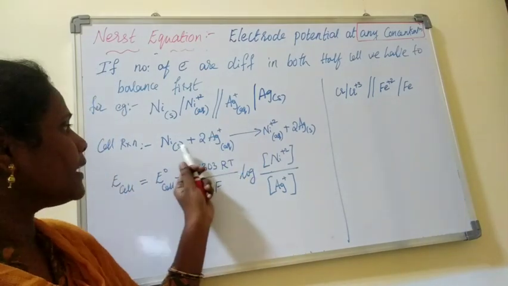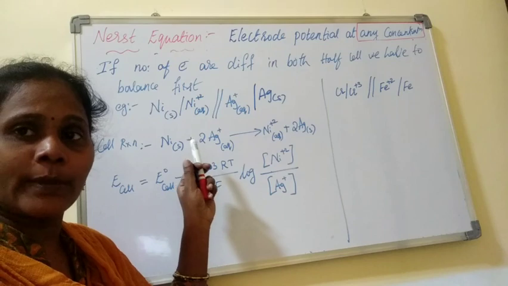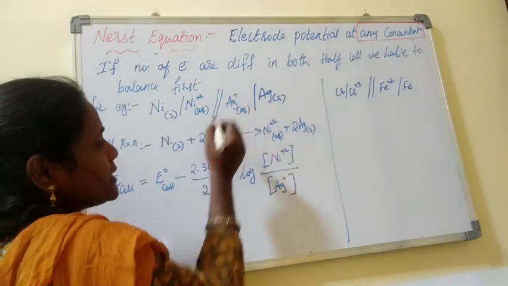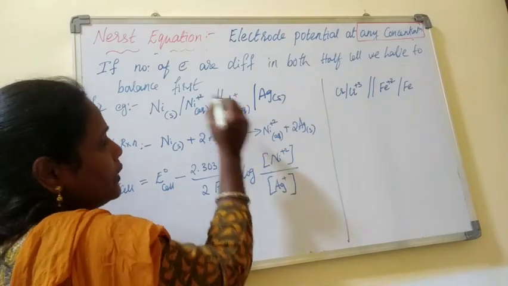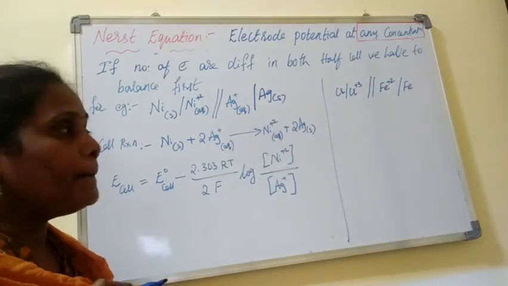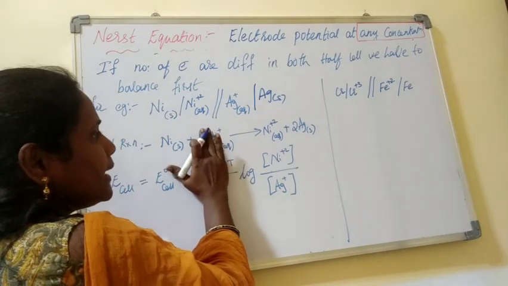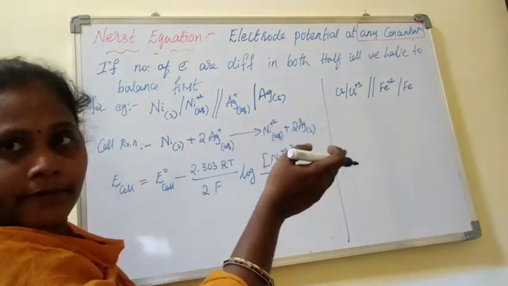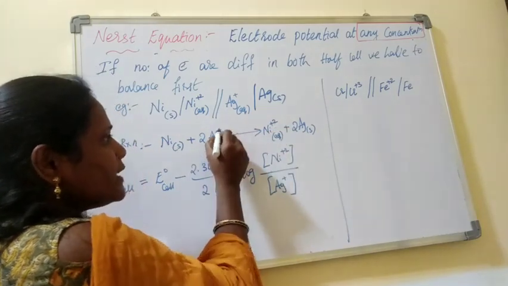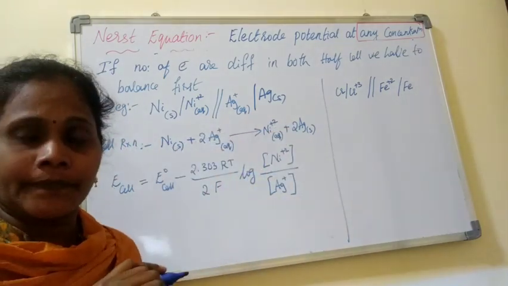So the full cell reaction for this electrochemical cell is nickel solid reacting with silver ions to convert into nickel 2+ ions and silver solid. But actually, before writing the 2, it was not balanced, because nickel is giving 2 electrons but silver is taking only 1 electron.